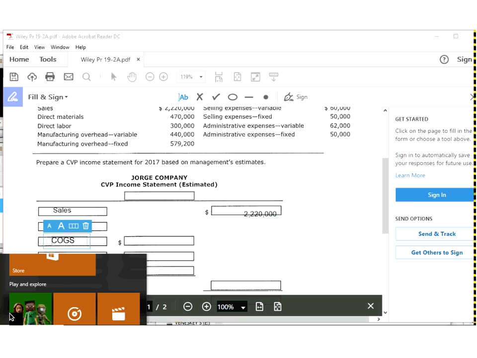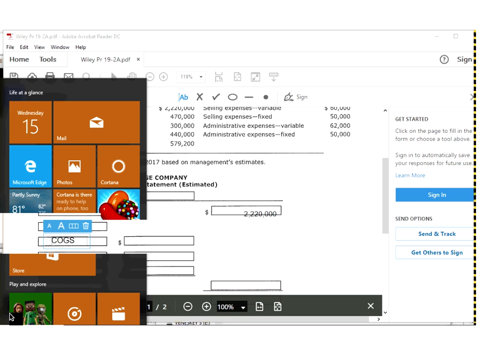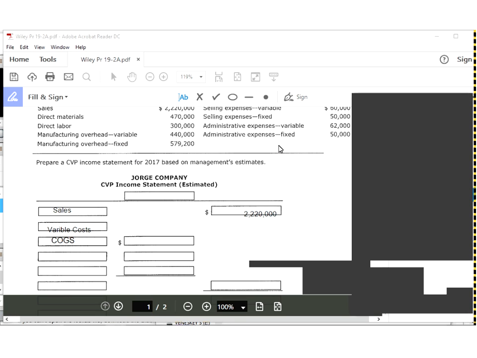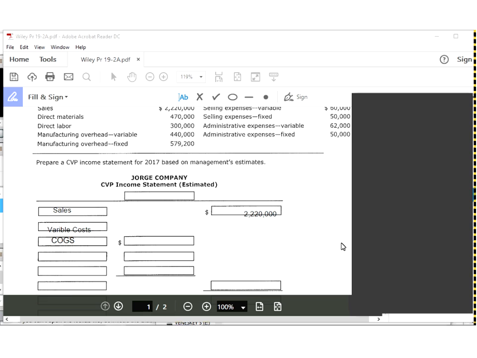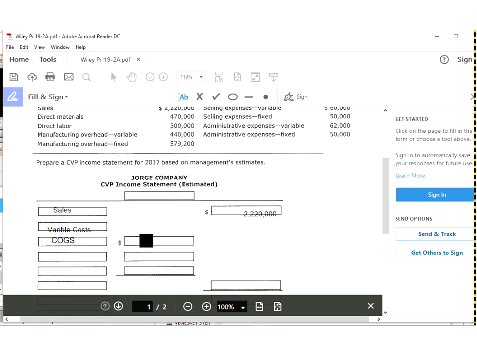So now I'm going to simply bring up a calculator. And if we add up the 470 plus the 300,000 plus the 440,000, we get 1,210,000 of cost of goods sold.